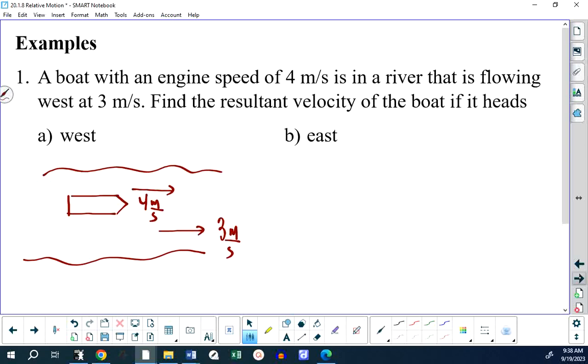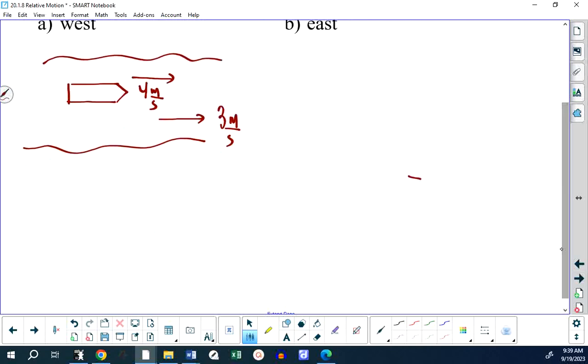It's that simple. We're saying the resultant velocity, which can also be thought of as total velocity. What does total mean? It means add together. The resultant velocity, and I'm going to use vectors from now on. The actual result, what's actually going to happen to the boat, will be the sum of the engine velocity and the river velocity.